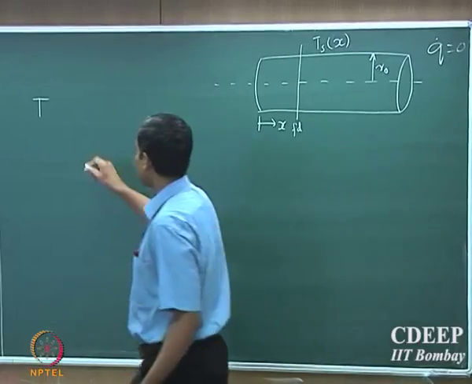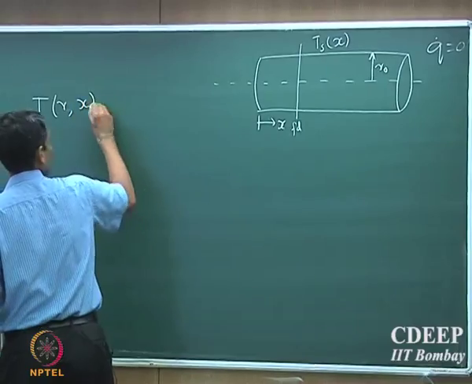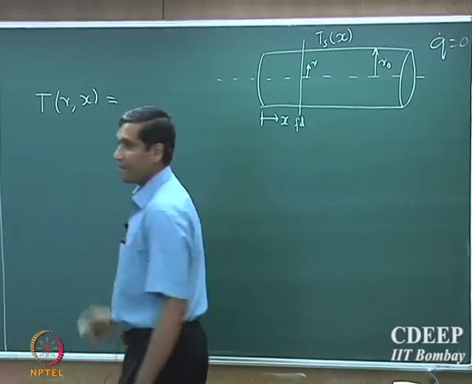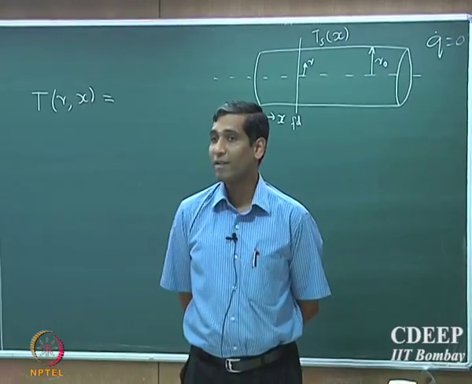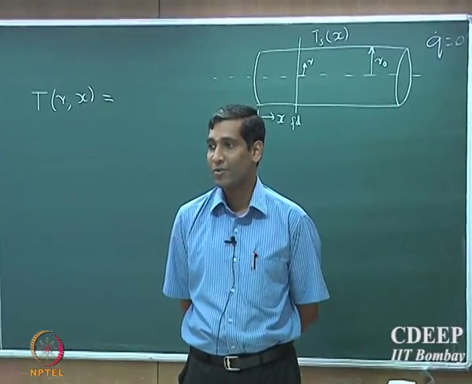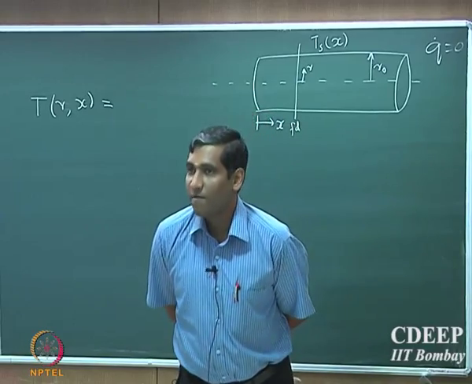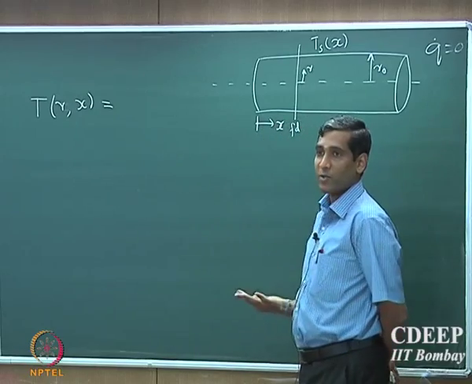So, what will be the functional form of the temperature as a function of r and x, if this is r direction? Yeah, what will be the functional form? I am not solving the equations. What will be the functional form in which you will get the solution? Some function of r and some function of x, right.